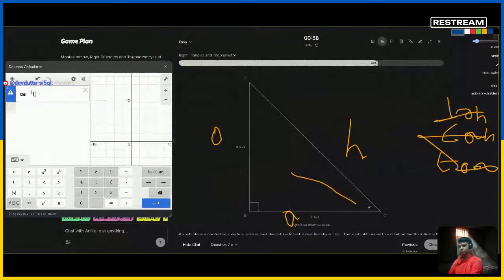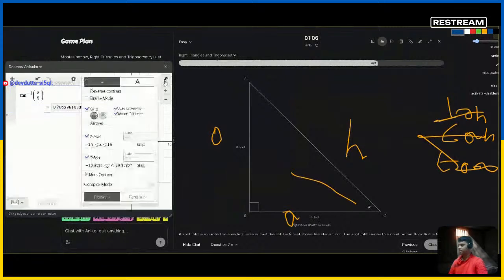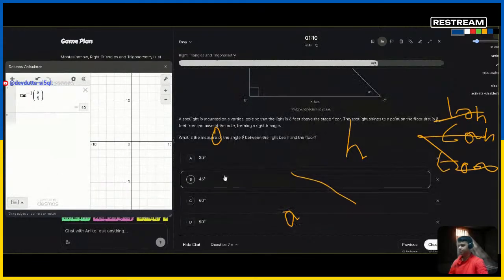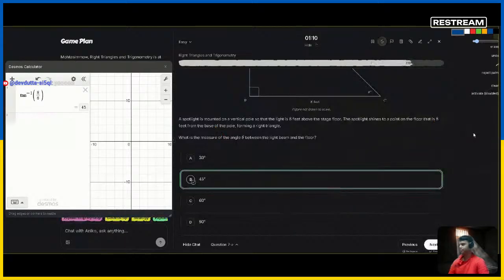So first is 8, and then the next is 8 again, and then we have to tell it that this is in degrees. We get 45. See guys, this is how you use evil Toa.